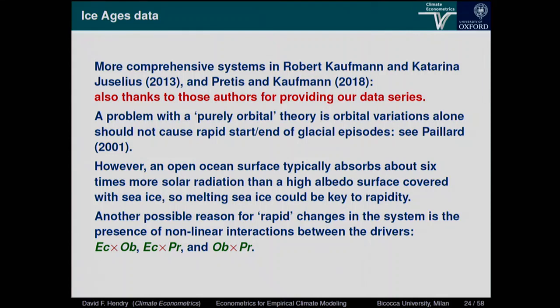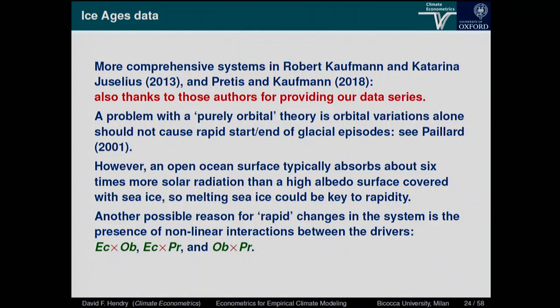But many climatologists doubt that the orbital variations can be strong enough to start and close glacial episodes rapidly. But one of the answers to that is an open ocean surface typically absorbs about 6 times more solar radiation. You hear about the Arctic melting.